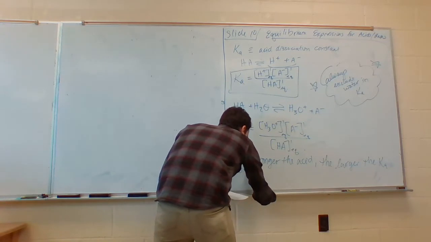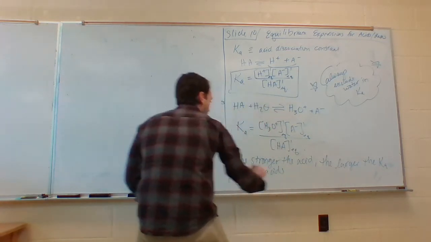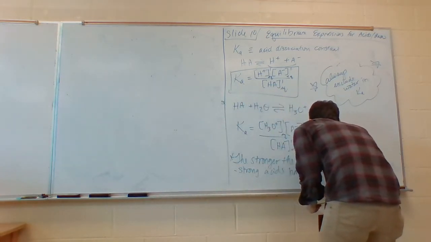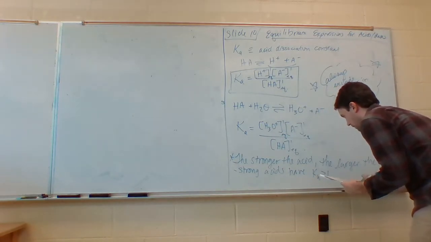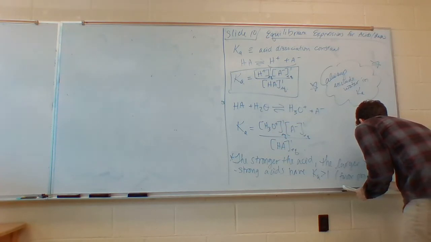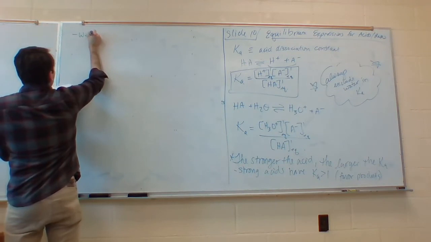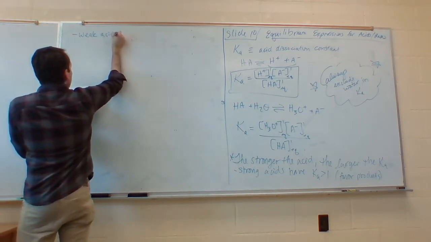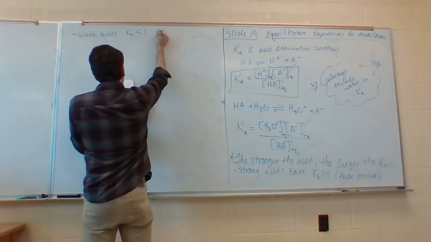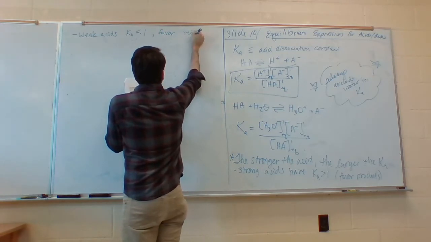Strong acids have a Ka greater than 1, because they favor the products, and weak acids have a Ka less than 1 and favor the reactants.